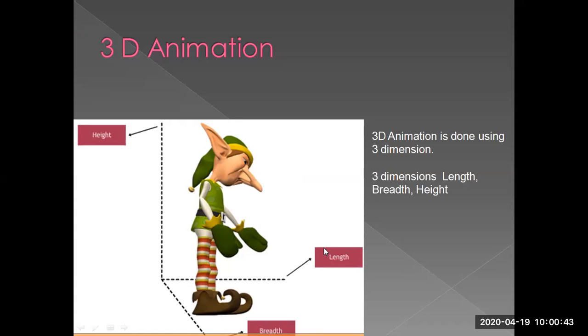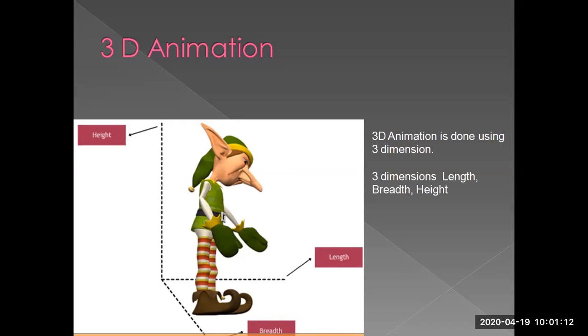When you see any 3D movie, when you go to the cinema hall, what happens? They give us a pair of specs. By wearing these specs, you can see that the characters seem to be just in front of you, and these characters are moving like us, and we can even touch them.